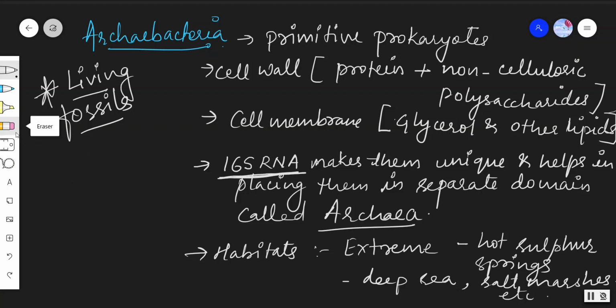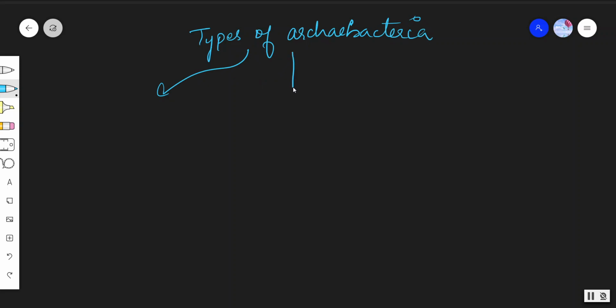So let's discuss the types of Archaebacteria now. There are 3 types of Archaebacteria. Number 1 is methanogens. Okay, so what are methanogens?